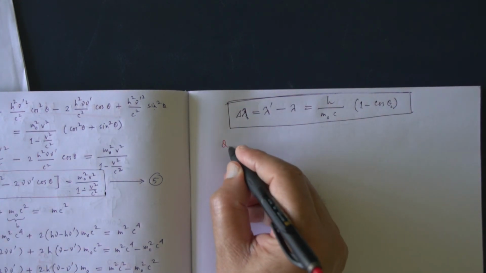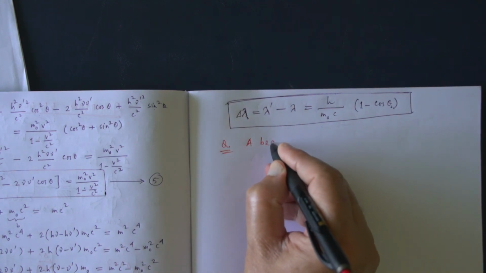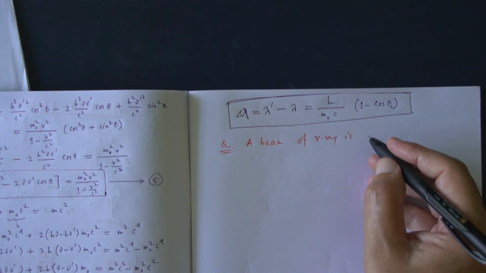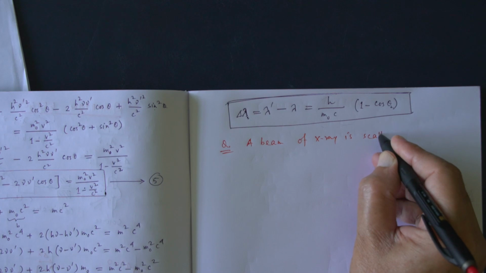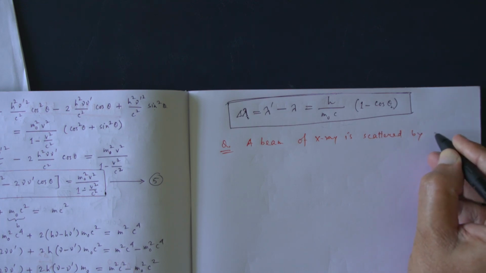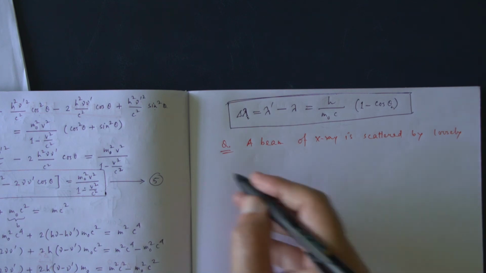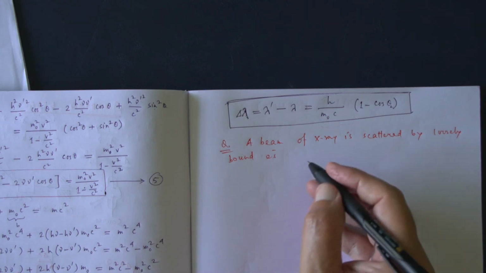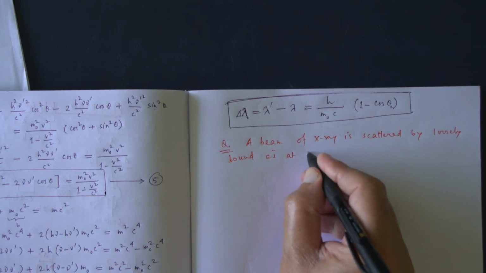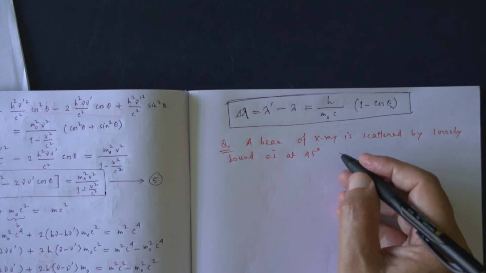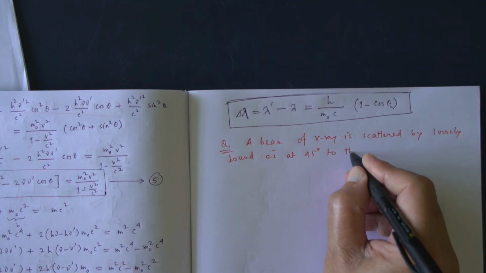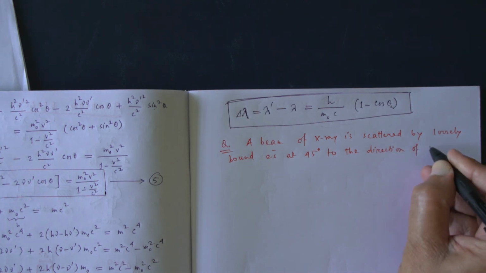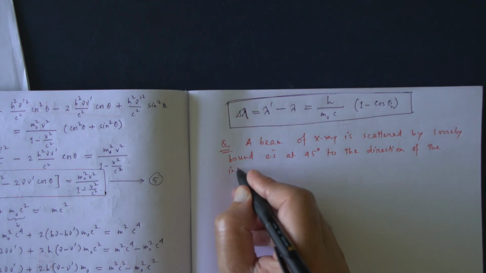Say a beam of X-ray is scattered by loosely bound electrons at 45 degrees to the direction of the incident beam.